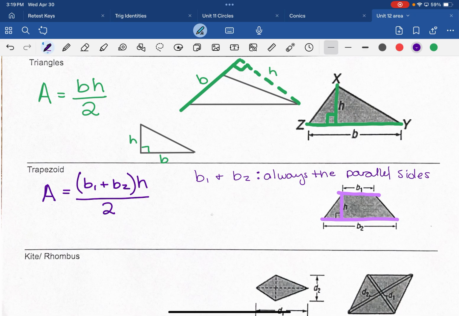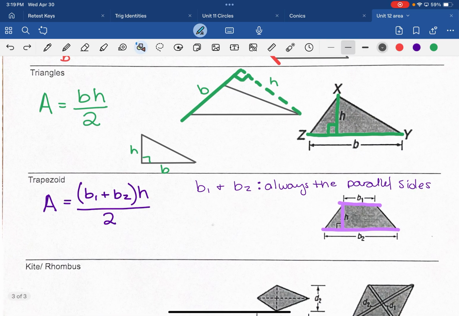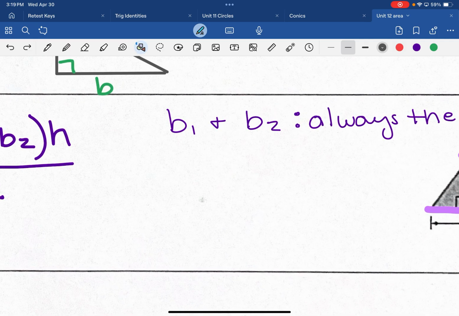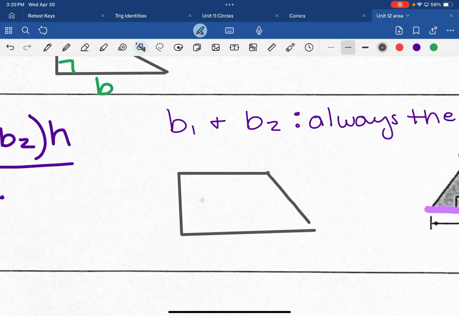Height. Oh, that was the other thing. I need to give you an example of a trapezoid. So sometimes you can have a trapezoid that looks like this. And if this is your trapezoid right here, then again, you have this 90-degree angle right here.